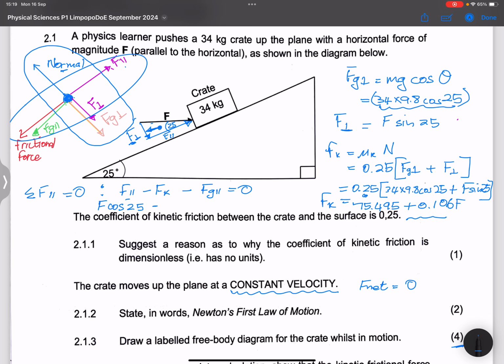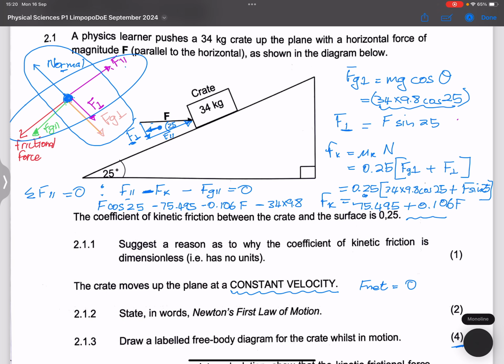So that is going to be minus 75.495 minus 0.106 F. Now remember, multiplying it by that negative that's in front of it, okay? And this is minus Fg parallel. This is going to be the mass, so this is 34 times 9.8.